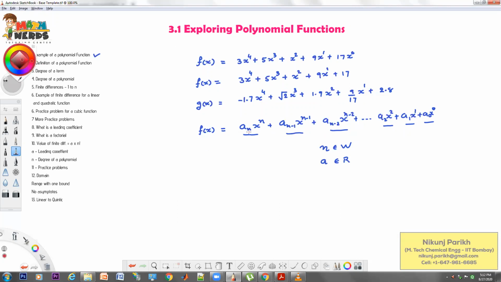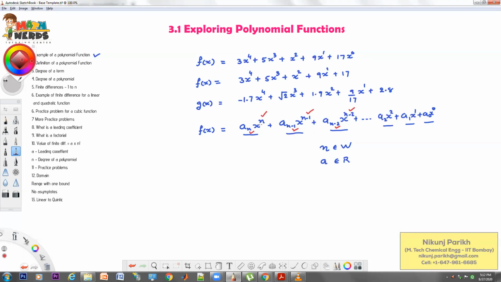Now this n, you might feel that there is some relation when I say a_n x raised to n, right? So we have n here, we have n here. We have n minus 1 here, we have n minus 1 here, n minus 2 here, n minus 2 here. So you might feel that there is some kind of relation between this a_n and x^n.